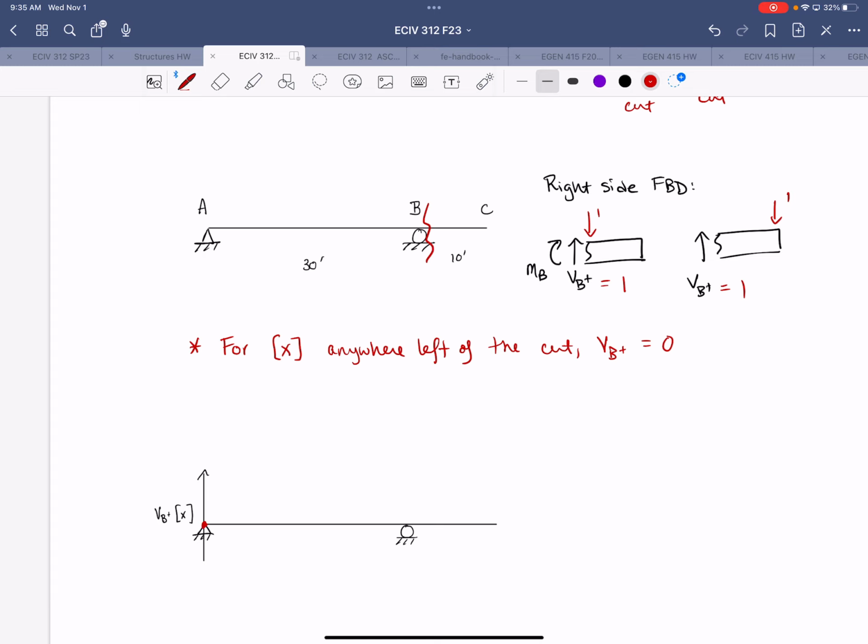So we have 0 all the way from A to B, and then it jumps to 1, and it's constant at 1 to the end of the beam.